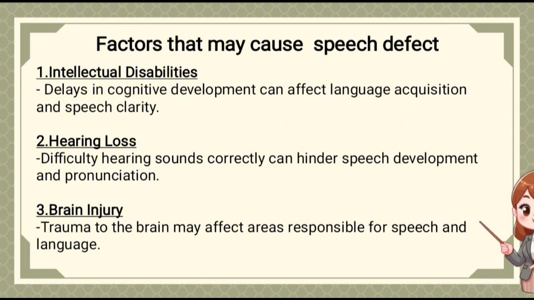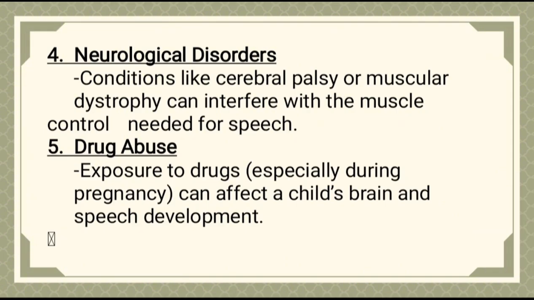Number four is neurological disorder, a condition like cerebral palsy or muscular dystrophy that can interfere with the muscle control needed for speech. Number five, we have drug abuse, or too much exposure to drugs, especially during pregnancy, that can affect a child's brain and speech development.